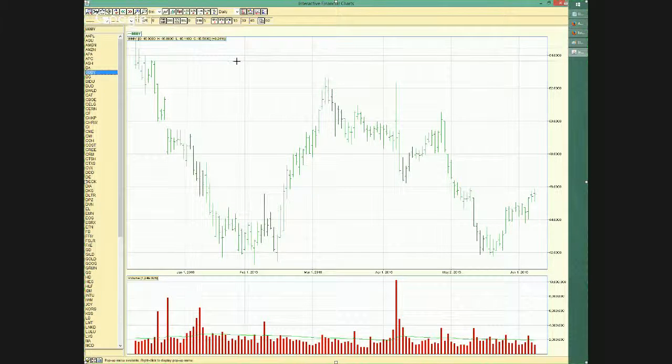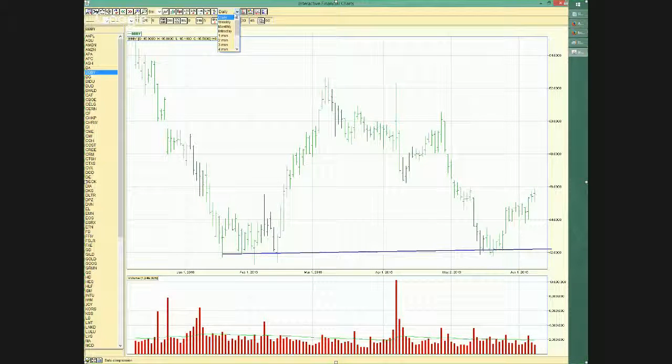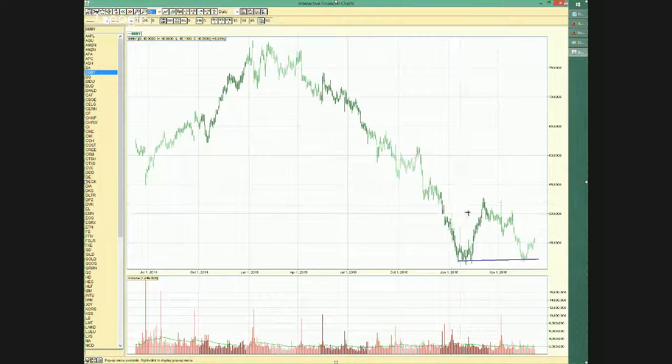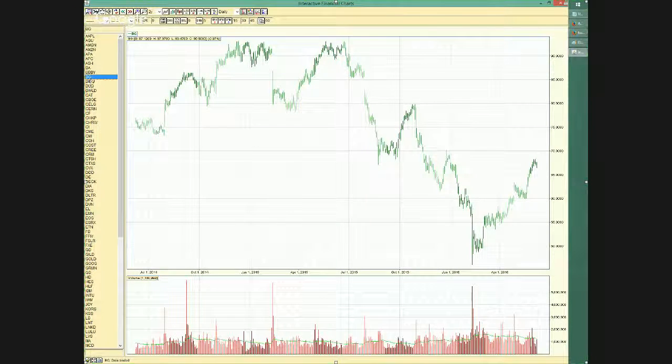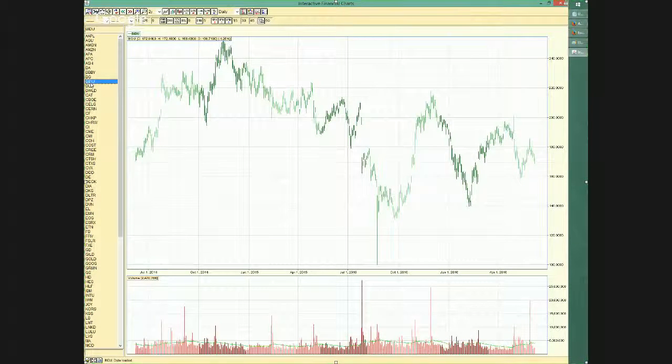Bed Bath & Beyond. I see that support is here. Maybe resistance? Here's Bunge. Maybe not. Baidu? Here's actually a diverging channel.